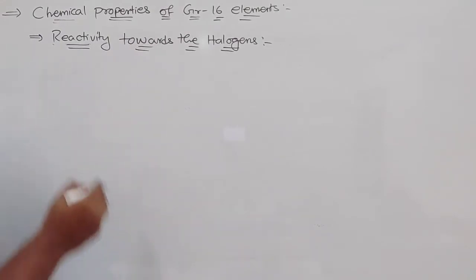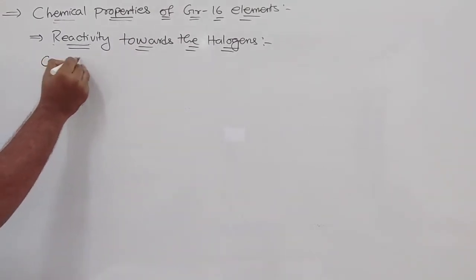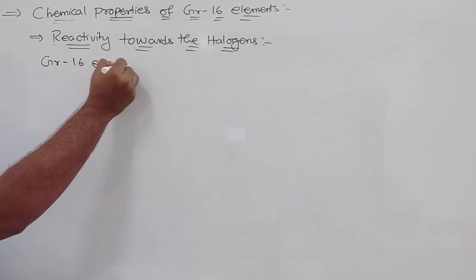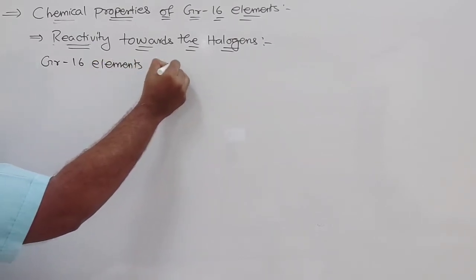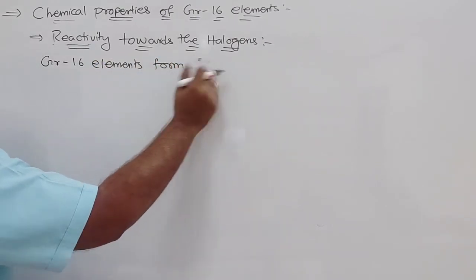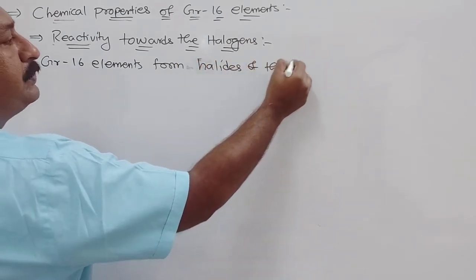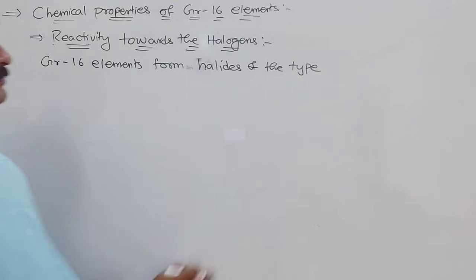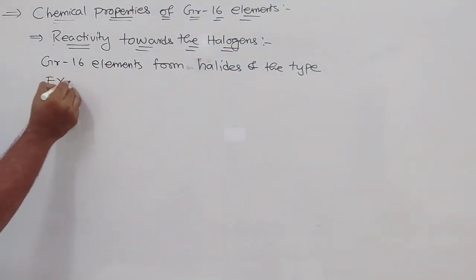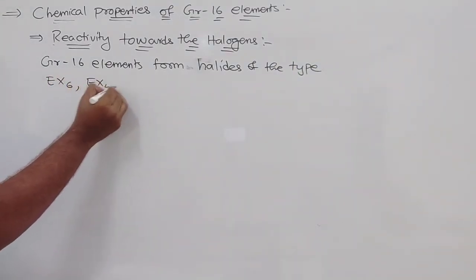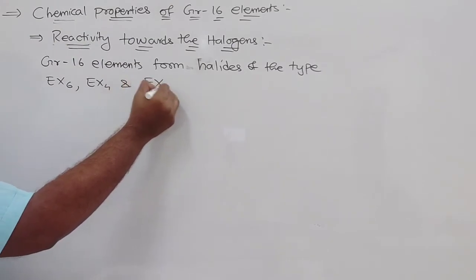Now, group 16 elements form halides of the type EX6, EX4 and EX2.